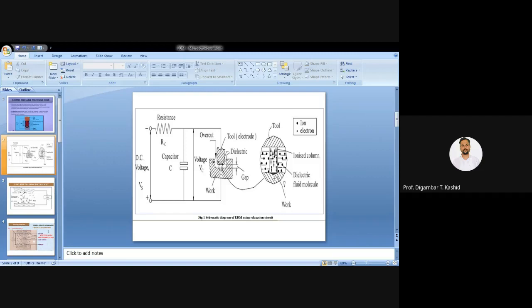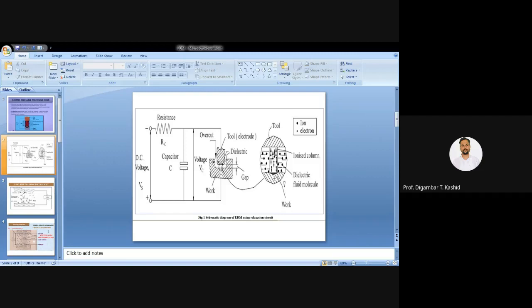So while traveling through this dielectric, these electrons collide with the neutral molecules. You can see these are the neutral molecules.